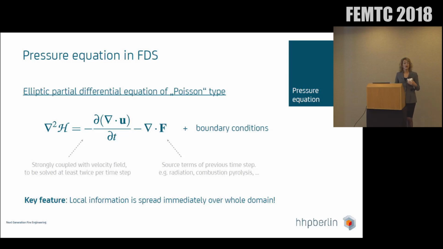And if you think of a parallel solution of this problem, where you break up your domain into subdomains, then it's very important that your parallel solver is able to reproduce this very fast speed of information propagation.